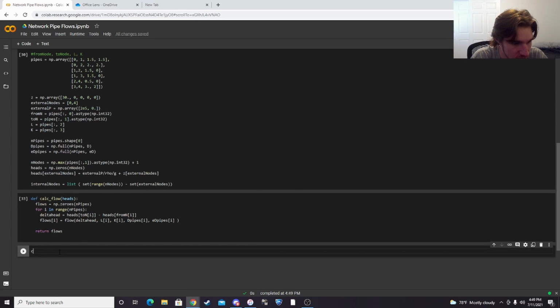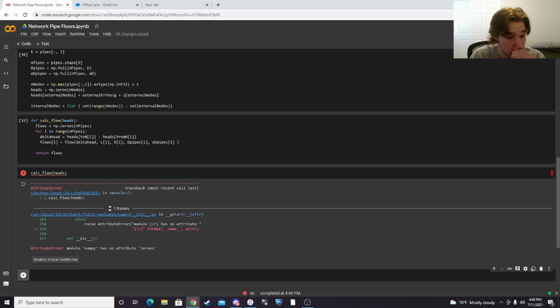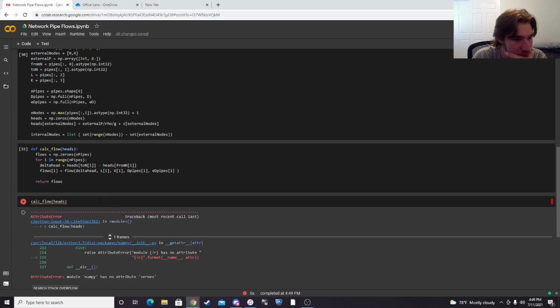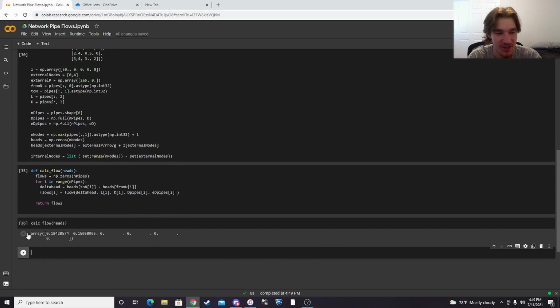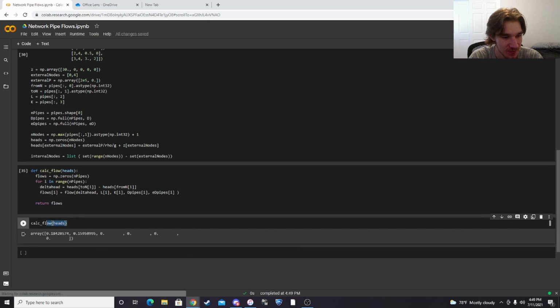And then if we want to do a quick check of calc flow, it's not going to mean much, but it'll help us at least to see what's wrong with our NumPy has no attribute zeros. Okay, so see, and it worked. That is exactly what we're looking for. Now try to calculate it, and now it gives us some flows, although we don't have the internal ones yet because we haven't gone that far. So that works as intended.